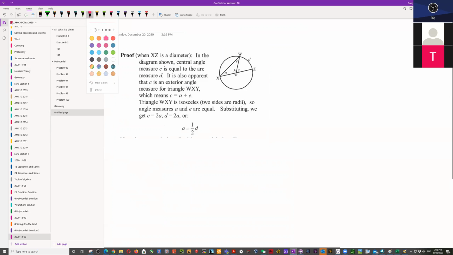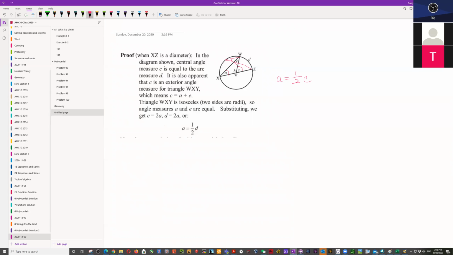Because A and E are identical and add up to the exterior angle C, A equals 1/2 C. This just happened to pass through the center, but I can actually draw other angles.